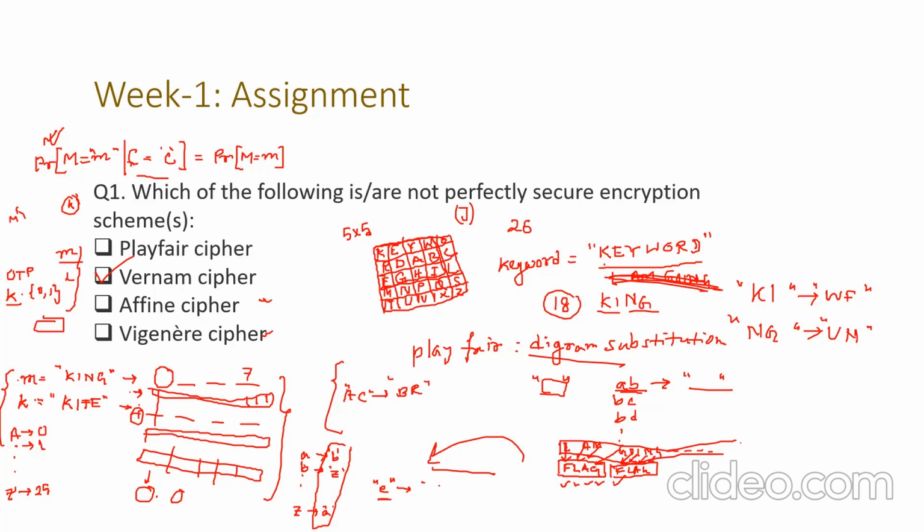Note that here the key length is actually not the same as the message length. You repeat the same key while encrypting a large English plaintext. So this does not satisfy the condition of perfect secrecy, which says that your key space cannot be smaller than the message space to achieve perfect secrecy.